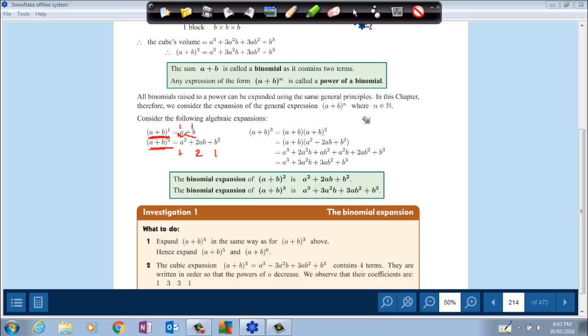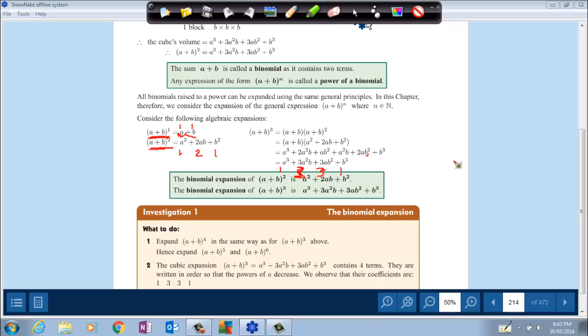And then when you collect all your like terms, you can have a 2a squared b and an a squared b, that'll give 3a squared b, and an ab squared and a 2ab squared will give 3ab squared. So looking at the final answer, you can see the coefficients is 1, 3, 3, 1. They are the four coefficients.